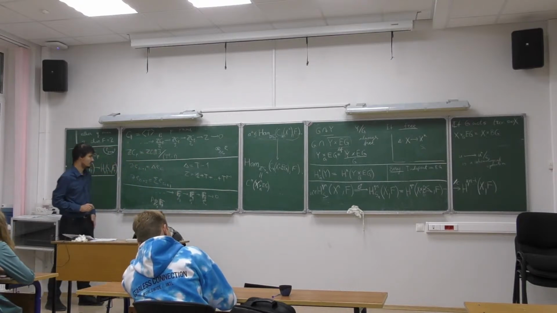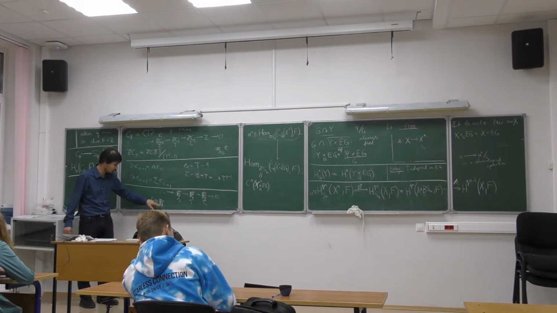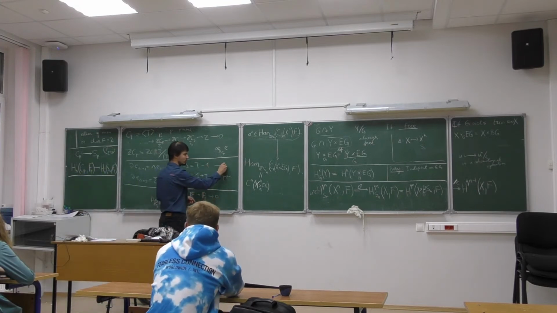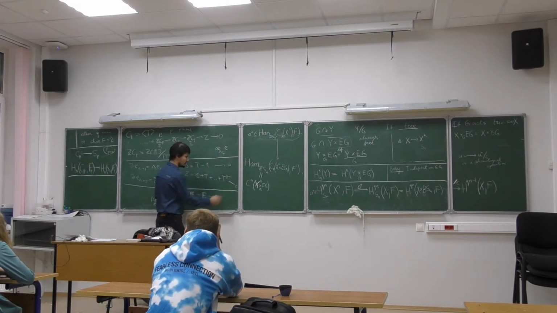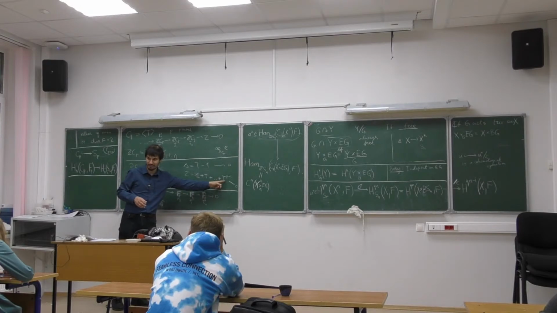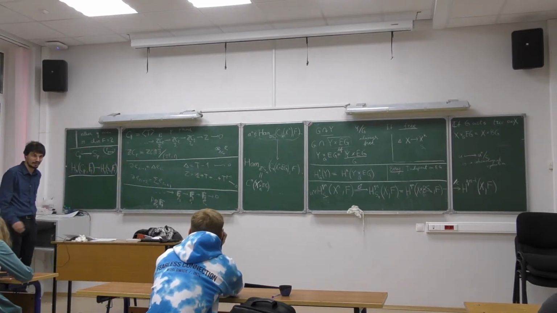But look, over FP, what does it mean? We tensor over ZCP with FP. So all group elements go to ones. And these two elements go to 0. This one, just t minus 1, goes to 0, and we get 0. And here we have the sum of p identical elements, and we again get 0.